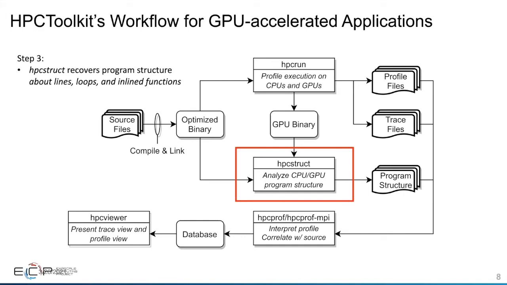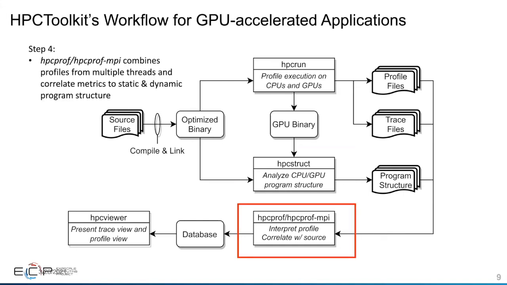The next step is to use HPC prof or HPC prof MPI to take the profiles and traces that were recorded and use the program structure information that was generated by HPC struct to interpret the profile and trace data.